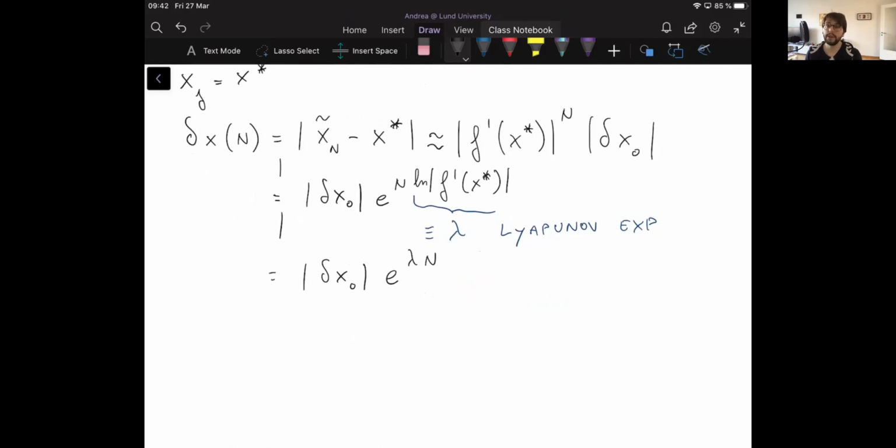But even for the logistic map, this lambda is not easy to calculate analytically once you are in the chaotic regime, because the chaotic regime is defined precisely by the fact that you cannot compute it analytically in an easy fashion. So you have to compute it numerically, and you have to compute the derivative of the map at some given point numerically as well. This is not easy to do, but it is of course possible.